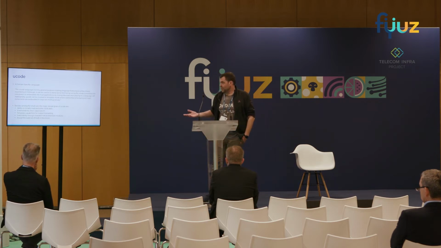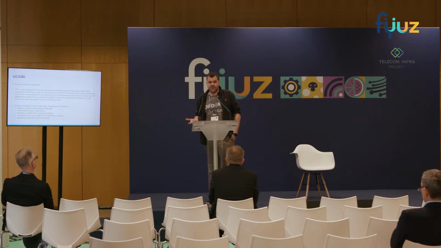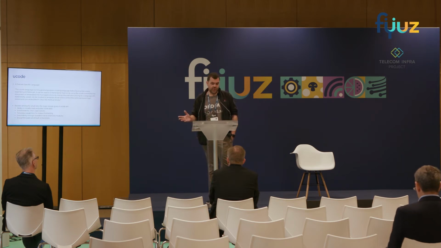For those familiar with OpenWrt, over the years we've used Lua a lot. Lua is a little bit annoying due to the way that the stack and the manual handling of the stack works. A little bit annoying with the C API. So ucode has got a lot of traction in the last few months, with several of the core OpenWrt developers stopping building small services in C or Lua and just using ucode.